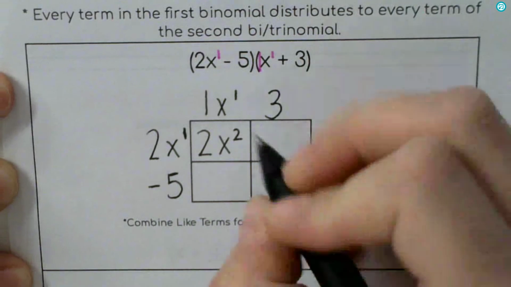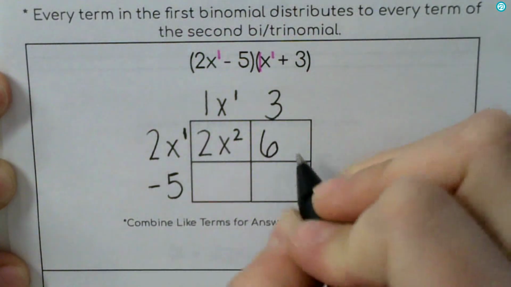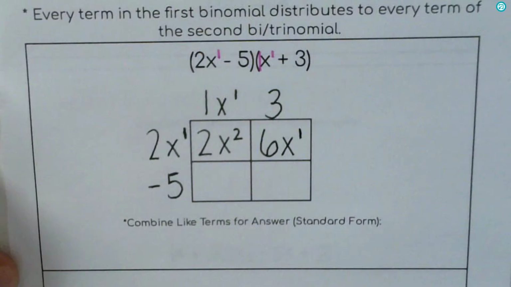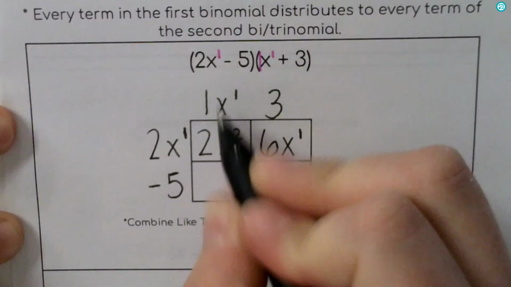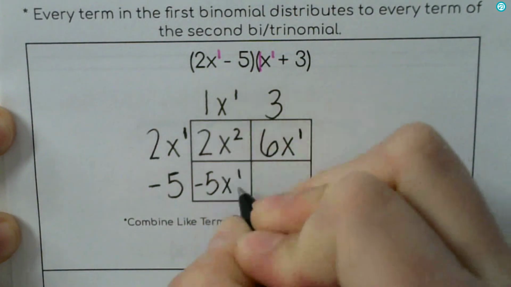2 times 3 is 6. And then 1 plus none is still 1. So I've got 6x to the first there. Bottom row, I've got negative 5 times 1. That's negative 5. And then I have my x to the first can come down.